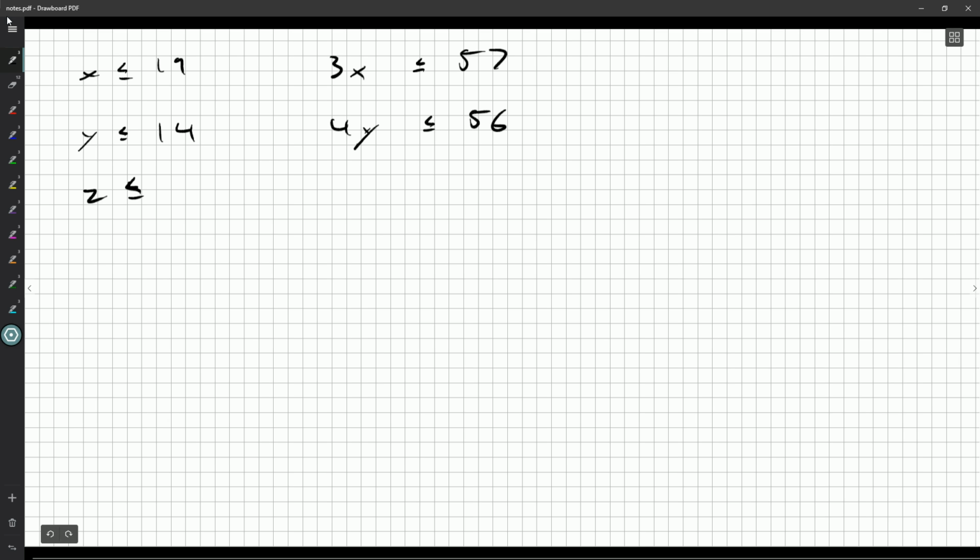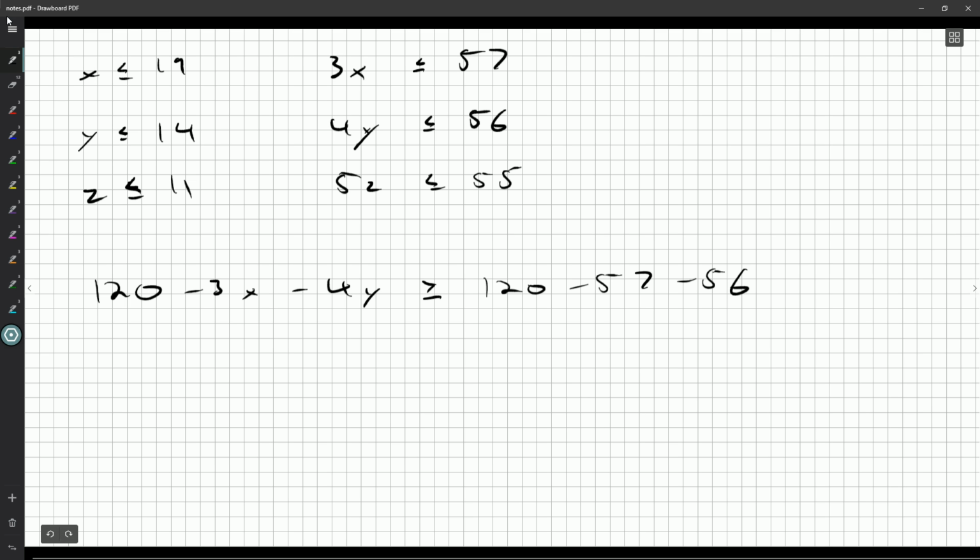Z is at most 11, so 5z is at most 55. And so combining these, we also know 120 minus 3x minus 4y. The biggest you could be subtracting is 57 and 56. So whatever this is, this has to be more than if you just subtracted off 57 and 56.